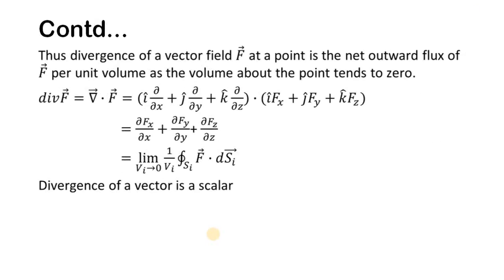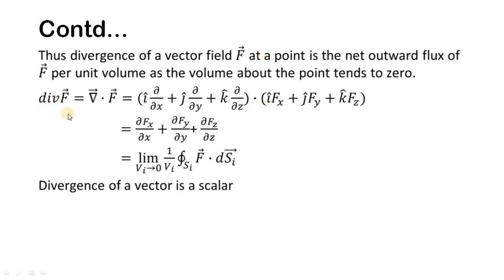Thus, divergence of a vector field F at a point is the net outward flux of vector F per unit volume as the volume about the point tends to 0.